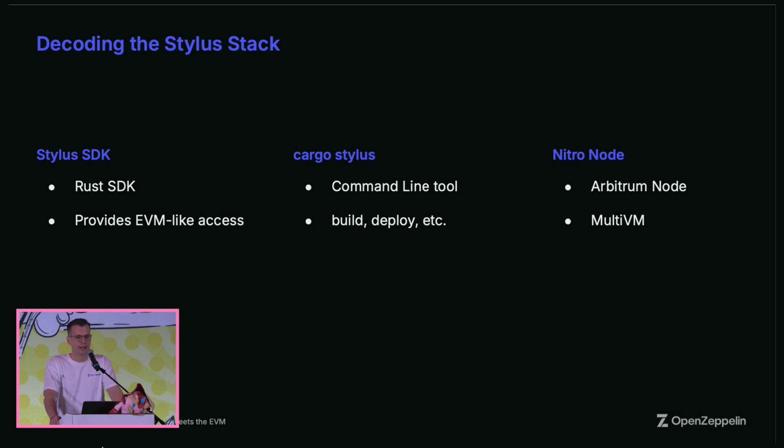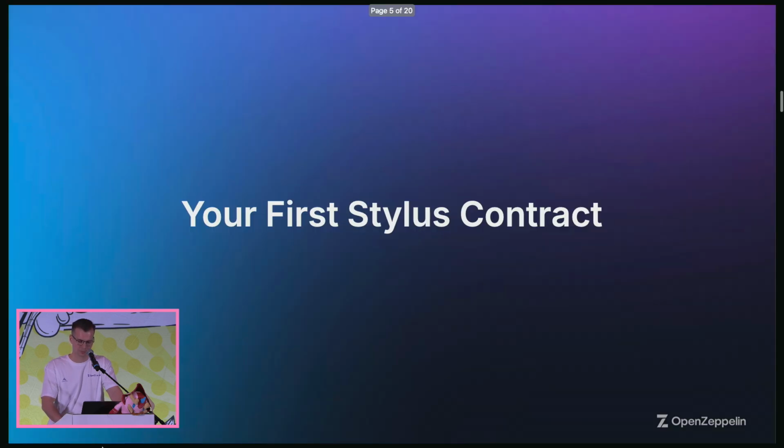Also, we have cargo stylus, a command line tool that gives us the possibility to create a new project, build our smart contract, deploy it, and do some other stuff around this. Also, we have a Nitro node, and a Nitro node is nothing besides the Arbitrum node that holds multi-virtual machine, both the EVM and the WASM virtual machine.